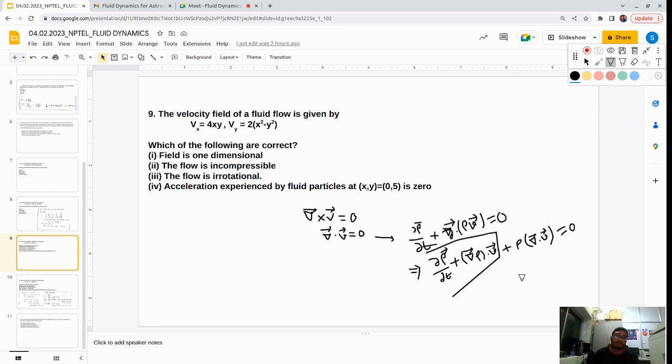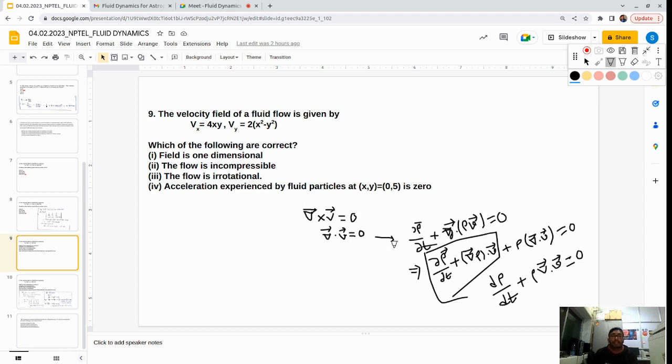So this is del rho del t plus this. This will give you d rho dt, right? This is the derivative of the density in the Lagrangian frame. So you have this equation, rho divergence of v, that is going to be 0. Now d rho dt is the change of the density as seen by the Lagrangian observer. Someone is sitting on the fluid, flowing with the fluid, and measuring the change in the density.